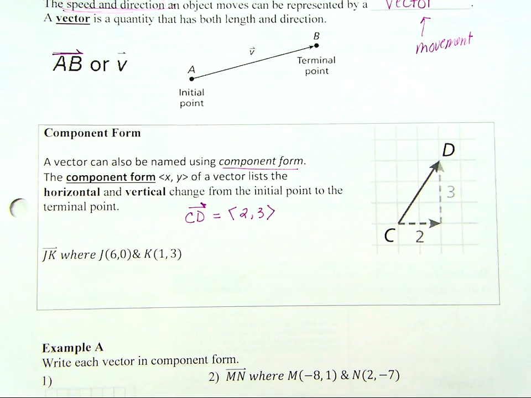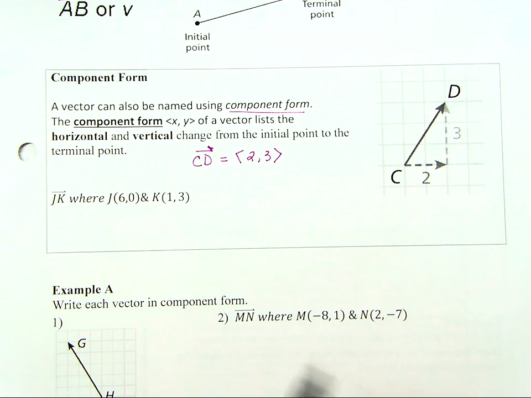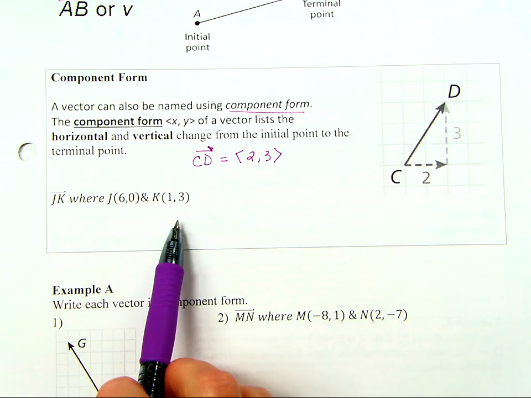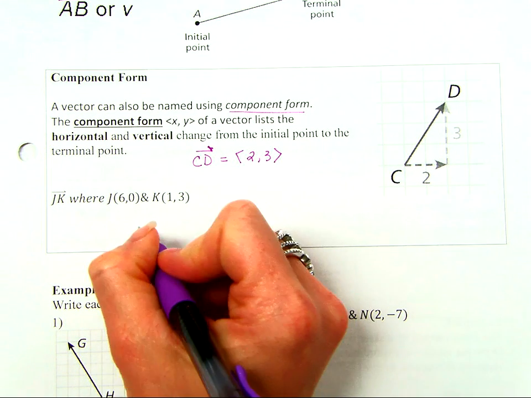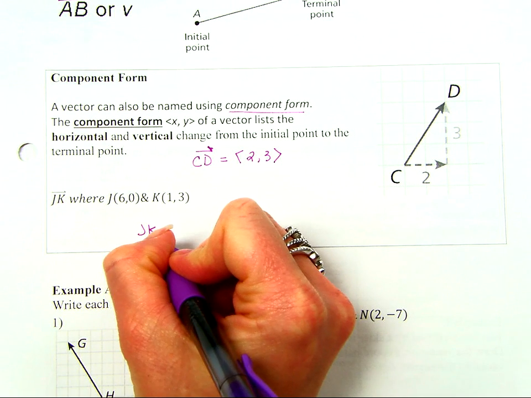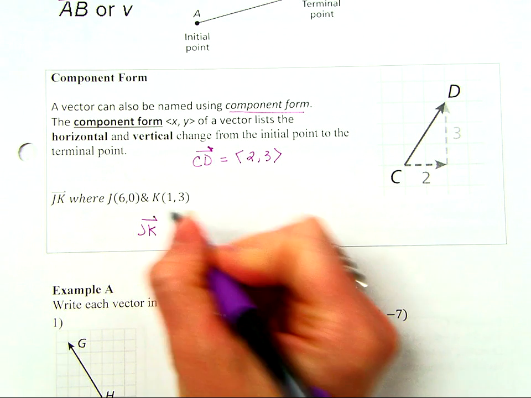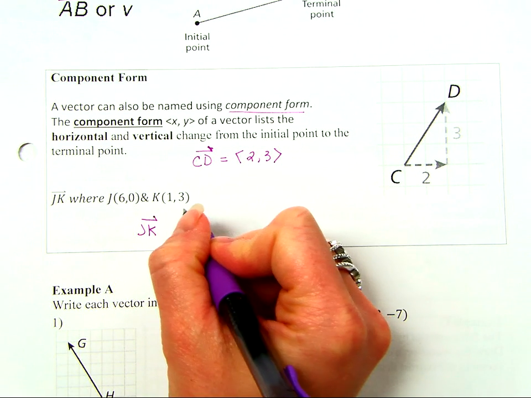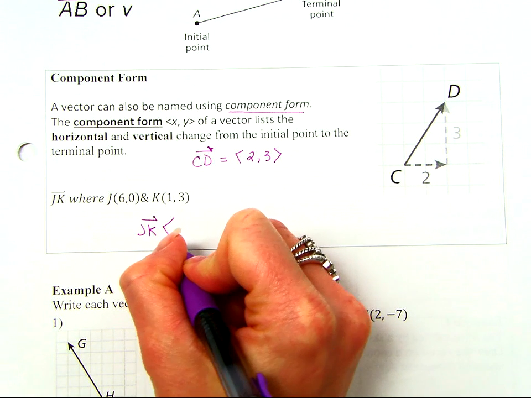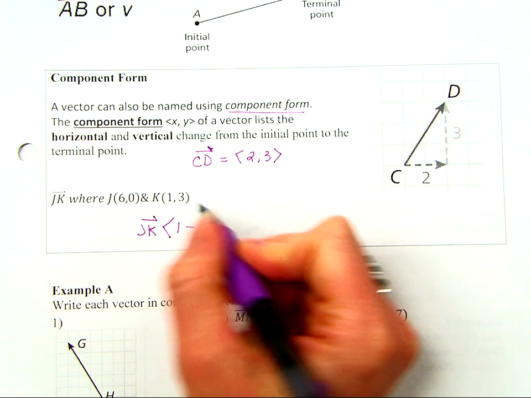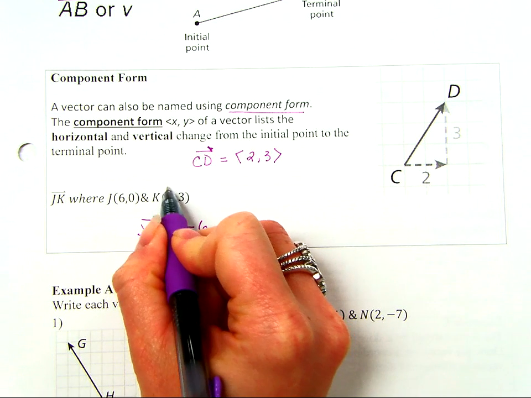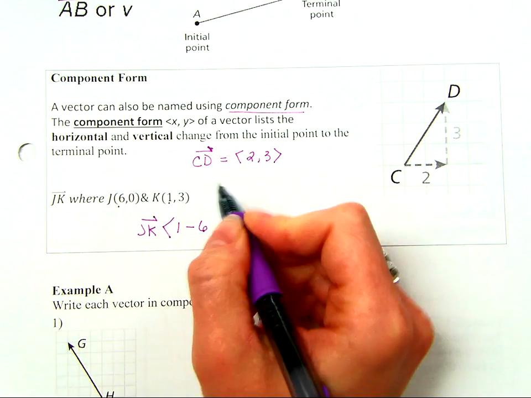Now, sometimes they're going to give you the starting point and the finishing point, and we need to calculate the horizontal and vertical change. So here, my vector JK, well, the initial point is (6, 0). The terminal point is (1, 3). If we were going to calculate the component form, we need to know that change. Terminal point minus initial point.